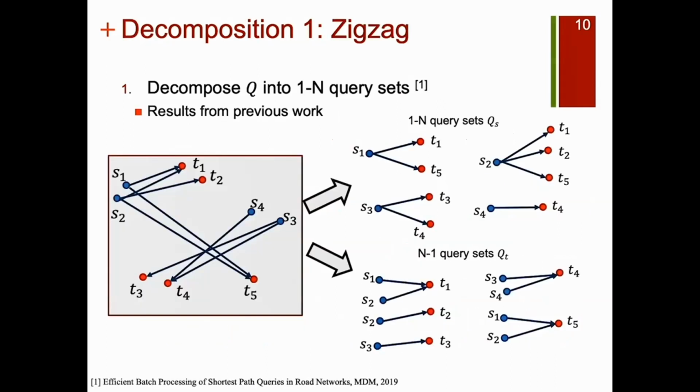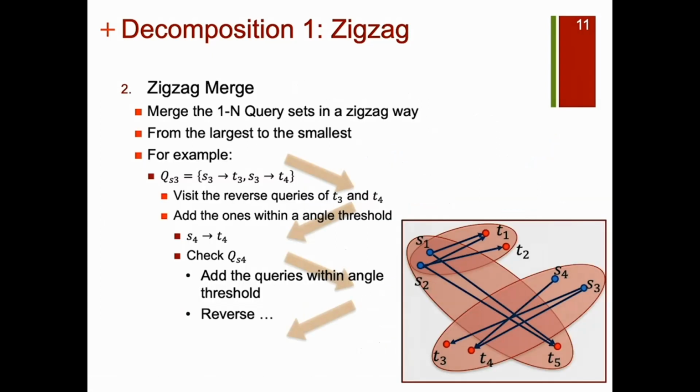The first decomposition method is Zigzag. Actually, it comes from our very early work. We can decompose the query set into several 1-to-n and n-to-1 query sets, as the example shows here. Then we merge these 1-to-n and n-to-1 query sets in a zigzag way.